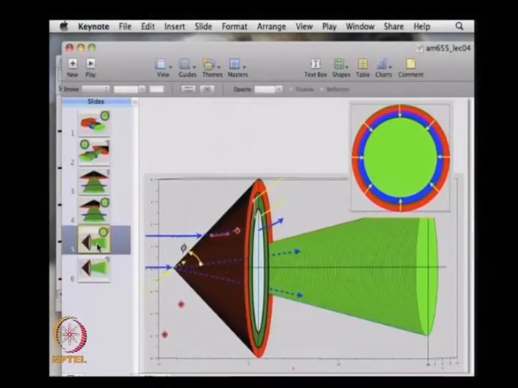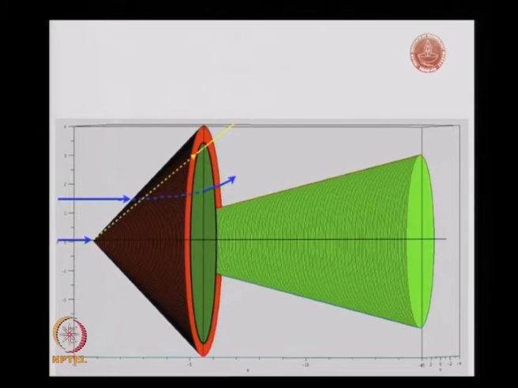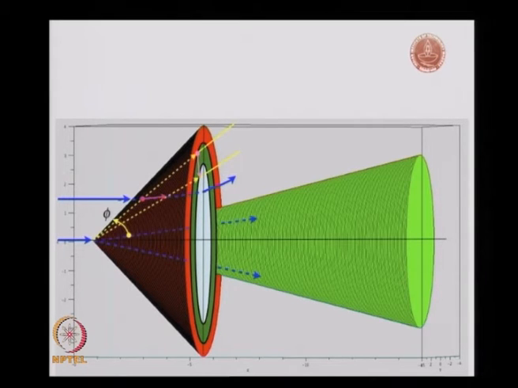Again, if I were to look at this picture here, which was for the axisymmetric case, it is important to see this over here.